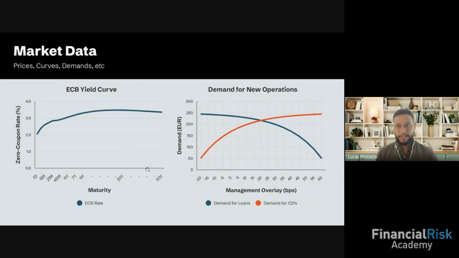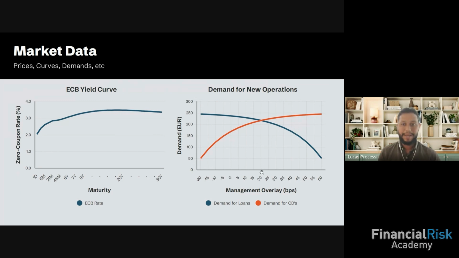and just something more. If we are working in a simple equilibrium model, the equilibrium would obviously be here, right, where the demand for funding meets the demand for loans. But in this case, we are using multiple curves, right? So we have multiple curves for funding, multiple curves for assets, and we also have the constraints, right?